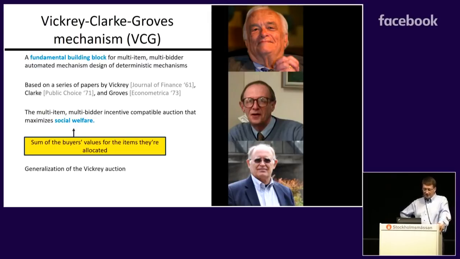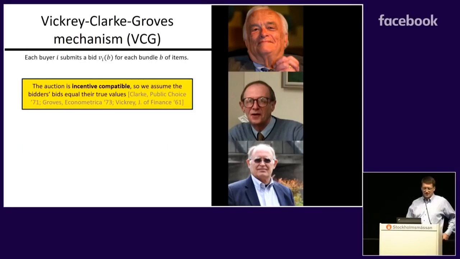And what's social welfare? That's the sum of the buyers' values for the items they are allocated. So here, we are just taking the view that we are this altruist and we just want to allocate these goods so as to maximize goodness in the world, not including ourselves, by the way. So the seller is not included. This is just the bidders. We want to allocate the goods to the bidders who value them the most, so as to make the best use of the goods.